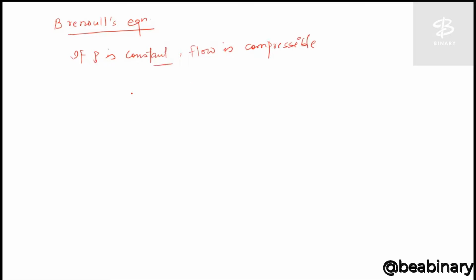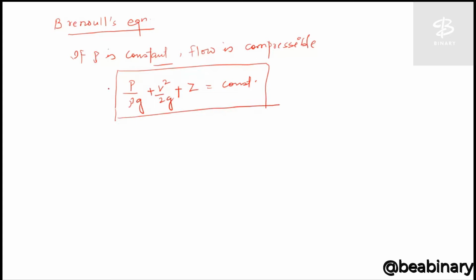In that case, we can write according to Bernoulli's principle P by rho g plus V square by 2g plus Z is equal to constant. This is my Bernoulli principle.